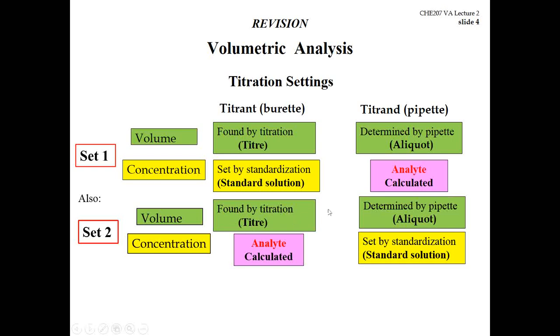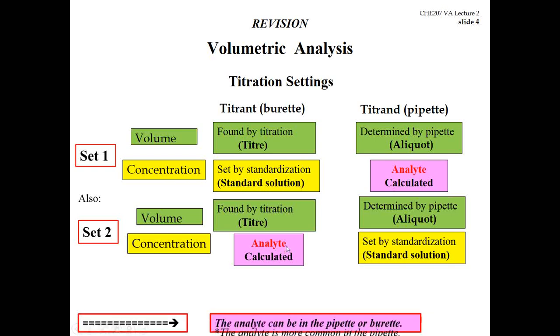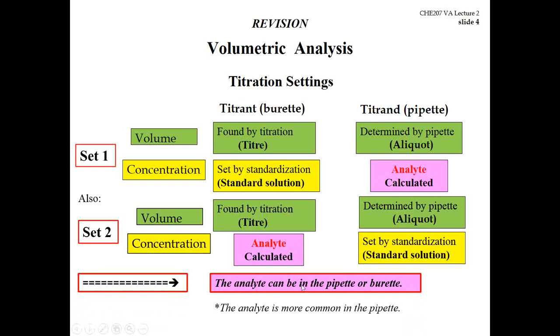Now again, we know 3 quantities, so we can calculate the analyte. From these two settings, we can see that analyte can be in the pipette or in the burette. More commonly, the analyte is in the pipette.